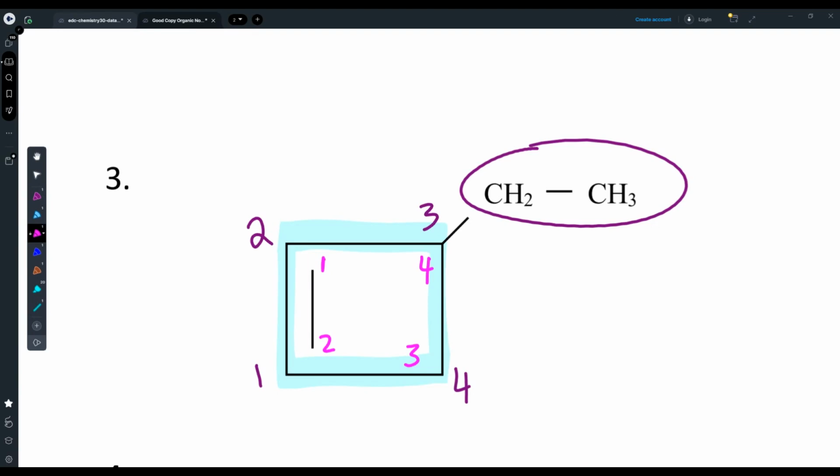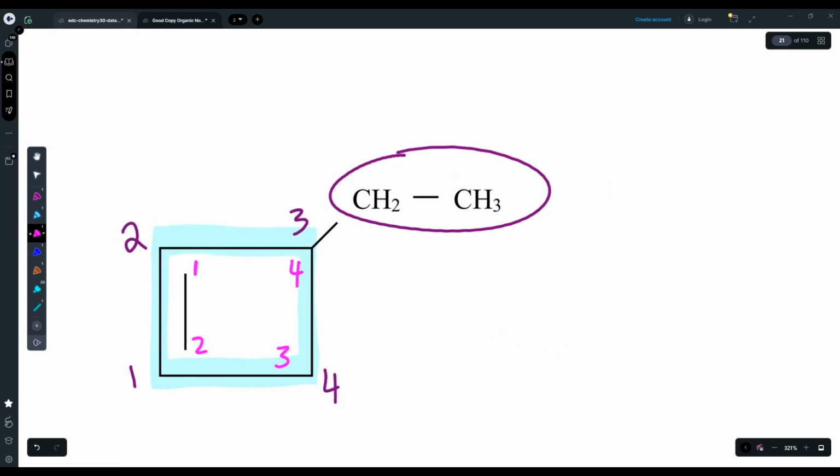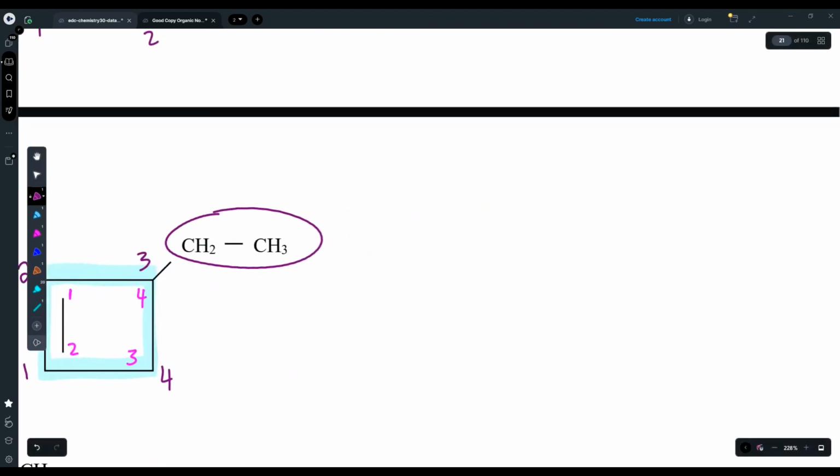Both options have the double bond between carbon 1 and 2, but notice how the purple numbering way has the branch on carbon 3, whereas the pink numbering way has the branch on carbon 4. So we want to use the purple way of numbering the carbons here, because that gives us the lowest number.